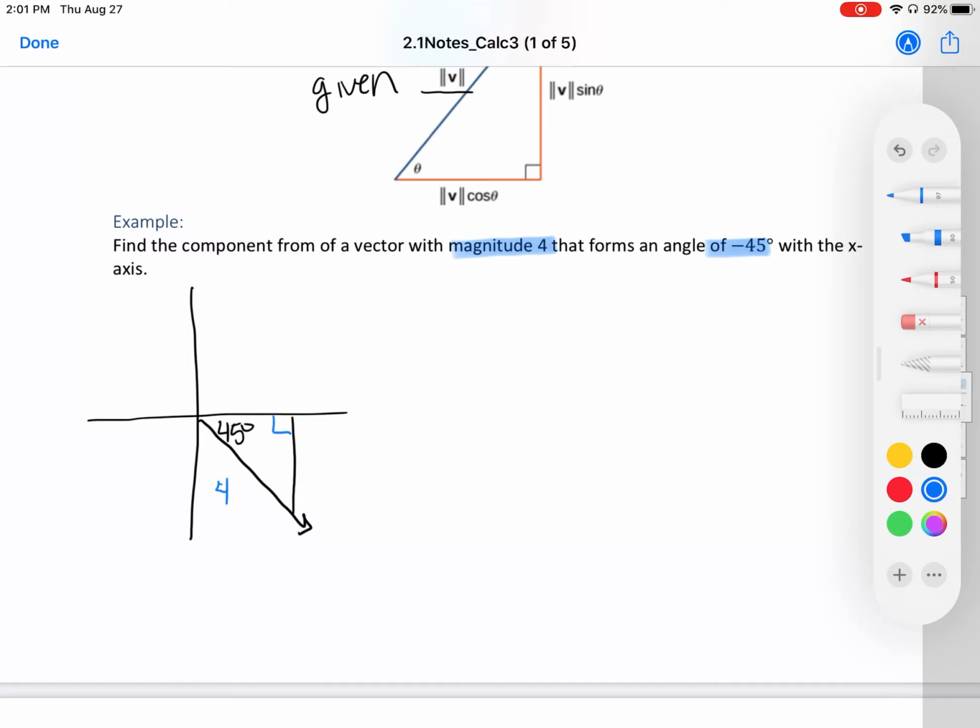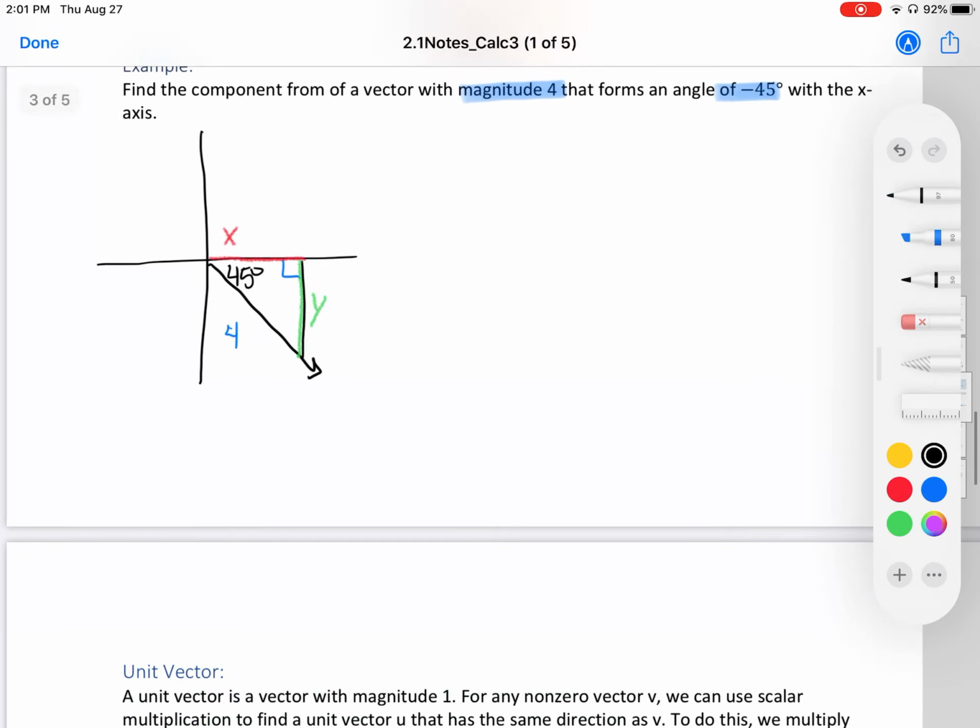Now we're left to find what this x part is and what this y part of our vector is. All right, so we know what coordinate point comes with a 45-degree angle from the negative side.